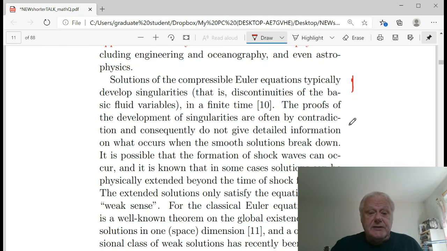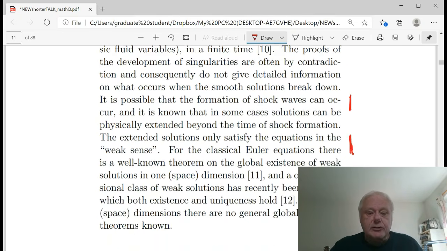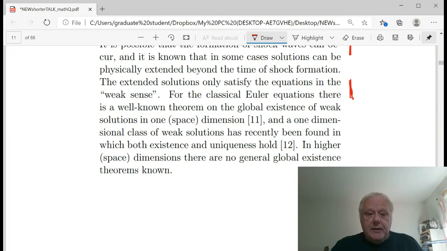Finding proofs for the existence of singularities is hard. You can get shock waves occurring. How do you treat shock waves? Many solutions of physical interest are said to be weak. So can we prove theorems on weak solutions? I won't say what I mean by weak, but solutions that have certain types of properties in an integral sense. And again, there's been some progress in looking at these types of problems, but no general theory has been presented.